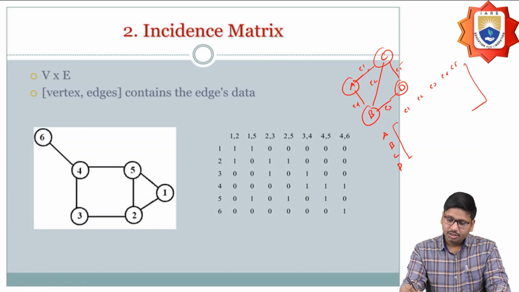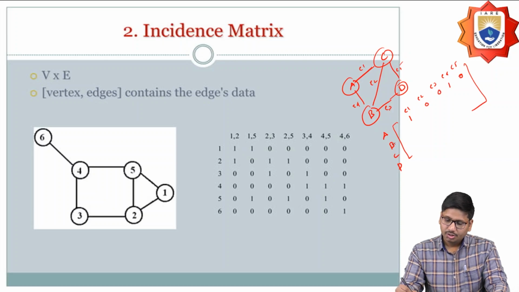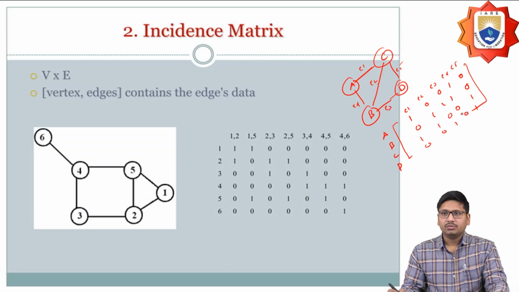For A, I map E1 and E4 as 1, remaining all zeros. For B, E2, E3 and E4 should be 1, remaining all zeros. For C, E1, E2 and E5, and for D it should be E3 and E5, remaining all zeros.